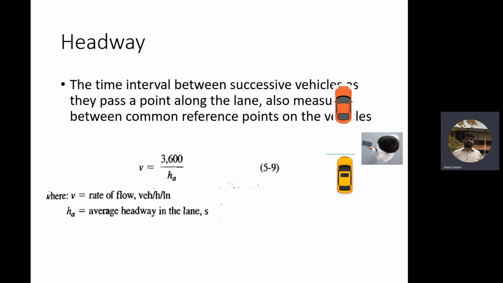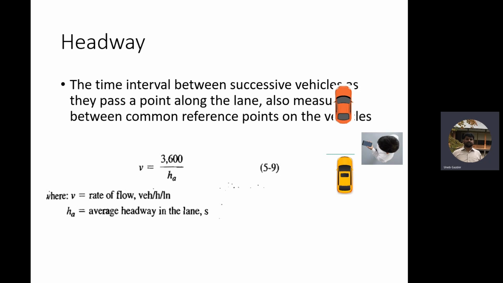You will stop the time when the front bumper of the next vehicle comes. The most common thing is we start when the wheels have passed, because these are easier to see when they pass the point. So if somebody started the watch when the wheels have passed, he will end the watch when the wheels of the second car have come. Okay, so again, common reference.